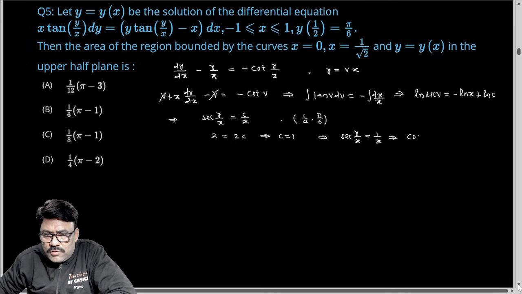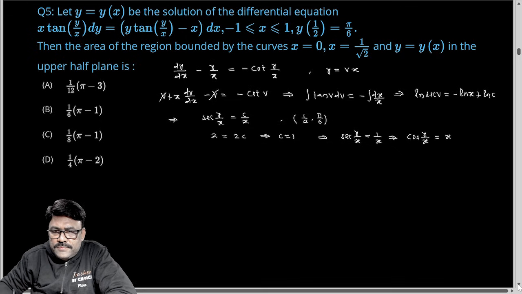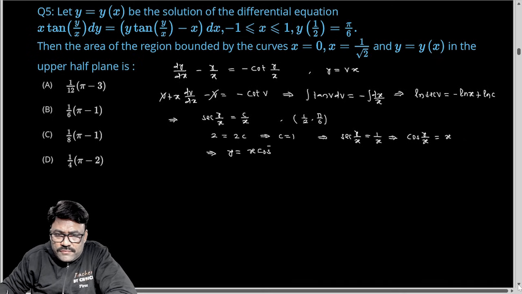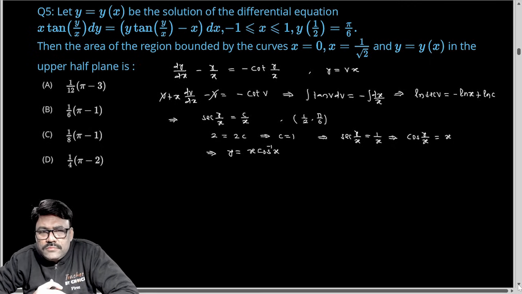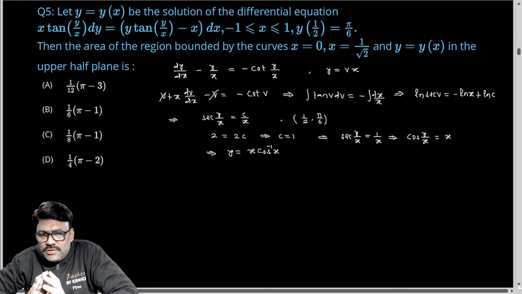Or you can say cos y by x is equal to x. Hence y will be x cos inverse x. This is the curve. Now you have to find the area bounded by the curve, x is equal to 0, x is equal to 1 by root 2 in the upper half plane.